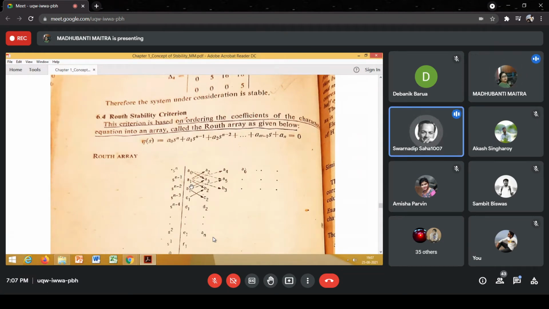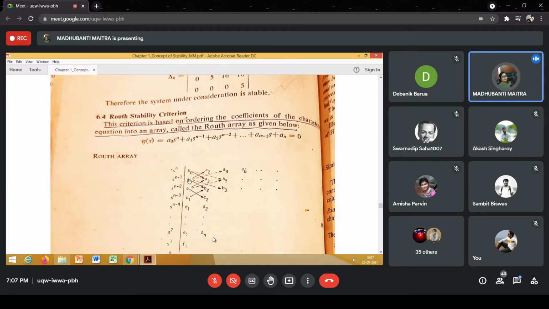In linear algebra, yes, in some numerical methods. So in this case, A1, the first term of the second row, will act as a pivotal element, though this term is not used. For your understanding, I'm using this term. So A1 is the key element.